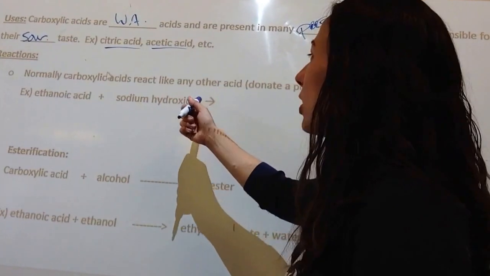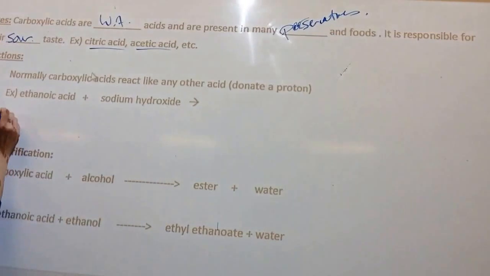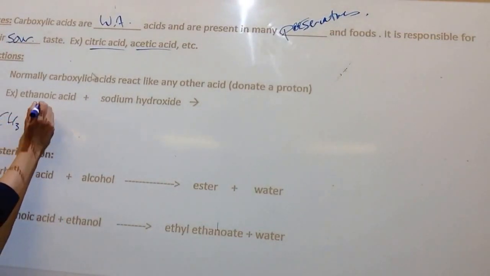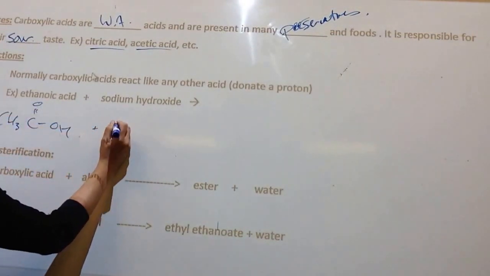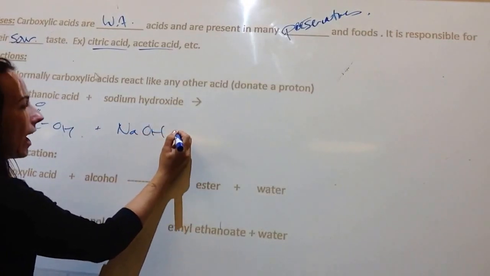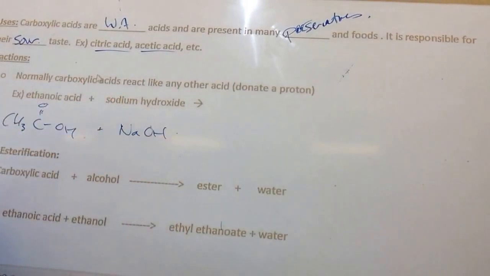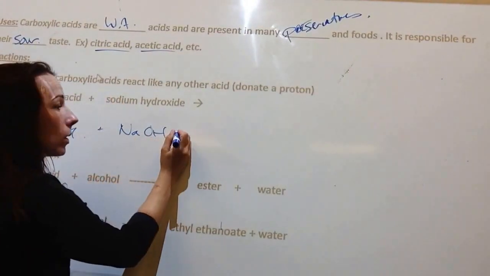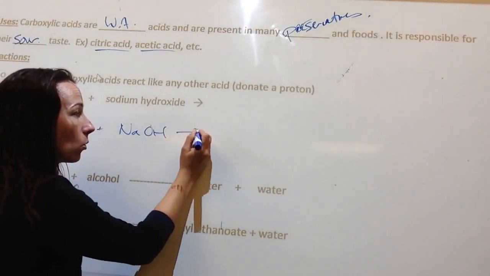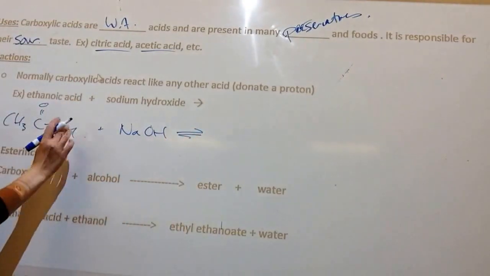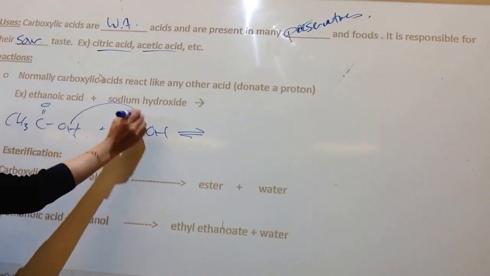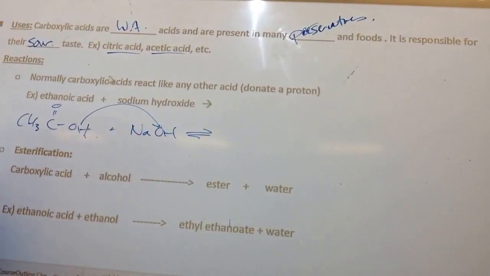Yeah. Okay, so here we're going to donate a proton. So we're going to take ethanoic acid, CH3COOH, and sodium hydroxide, and it's a weak acid. So what kind of arrows do I need? Equilibrium arrows. And I'm going to donate a proton over here, right?